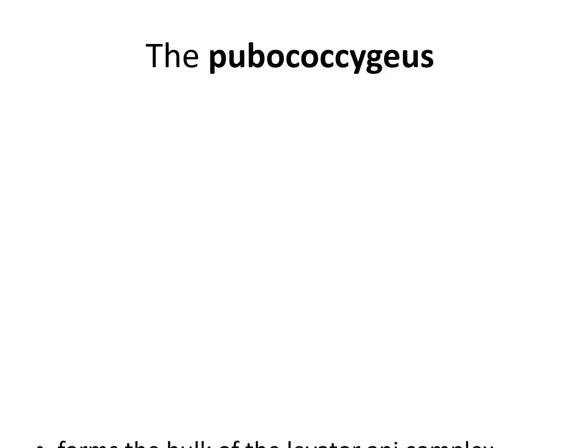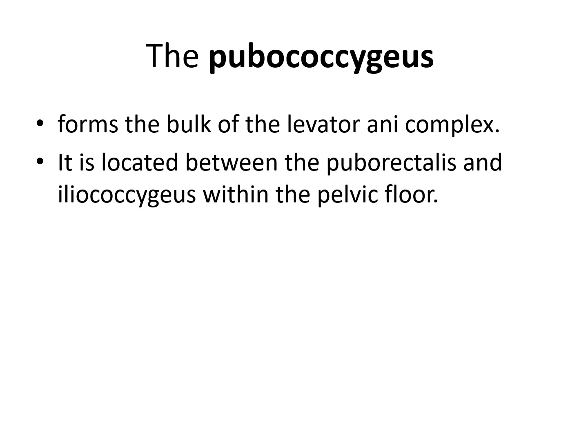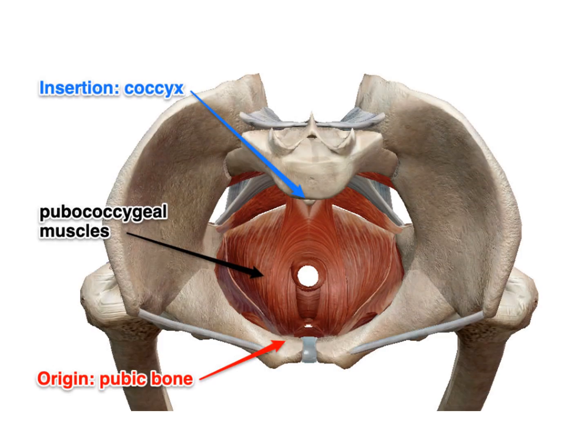The pubococcygeus is the bulk of the levator ani muscle, along with puborectalis and iliococcygeus. This is pubococcygeus from the pubis to the coccyx posteriorly. Its insertion is here at the coccyx and it originates from the pubis.